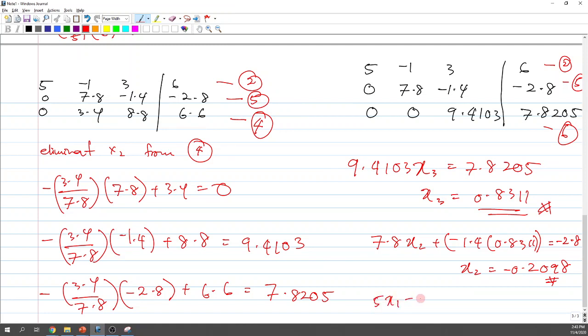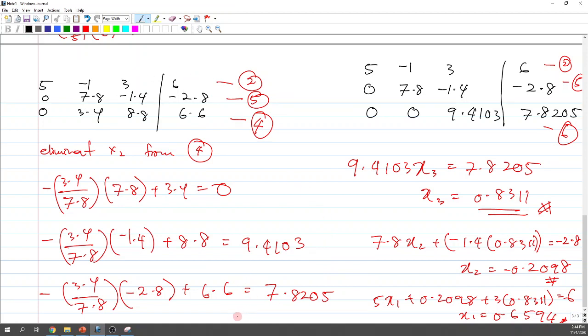Okay, minus become plus 0.2098 plus 3 times 0.8311 equal to 6. So x1 become 0.6594. Okay, then you can rewrite the final equation, the final result like this.